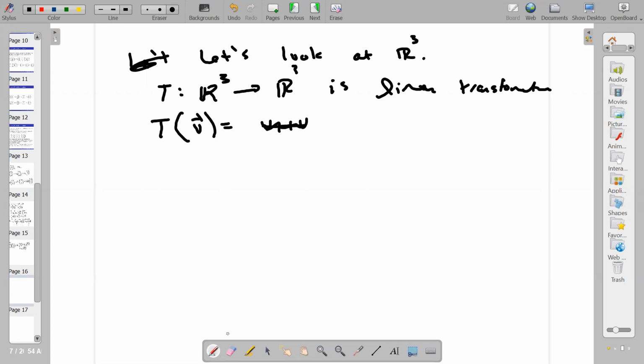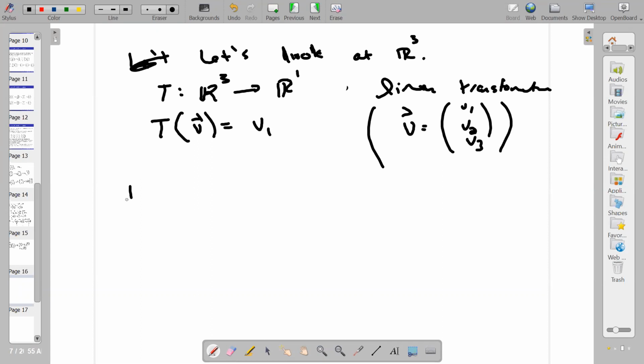I'll make it easy on myself. Let's go from R3 to R1, where T of the vector just collapses everything down to the first component. Maybe the vector V is V1, V2, V3.